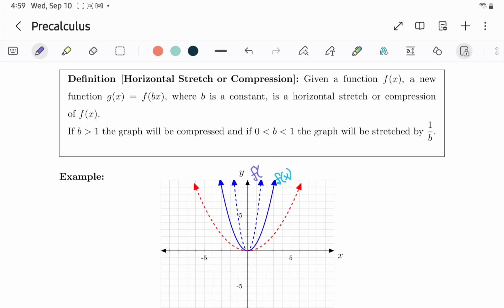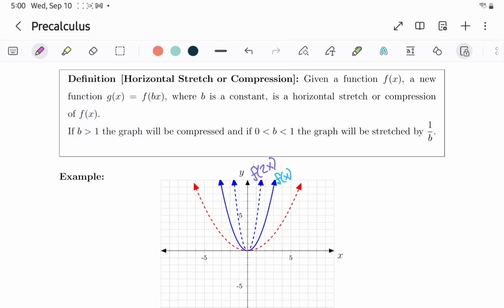So if we look, the graph of f here is essentially being compressed by a factor of 1/2. So that means that b is 2 here. So this would be like f of 2x.